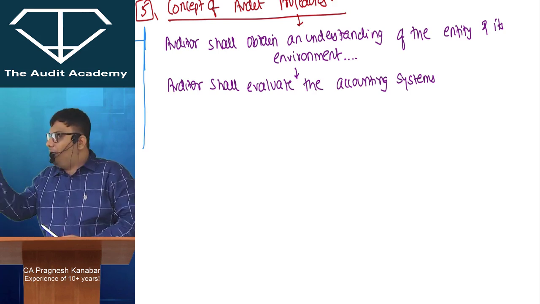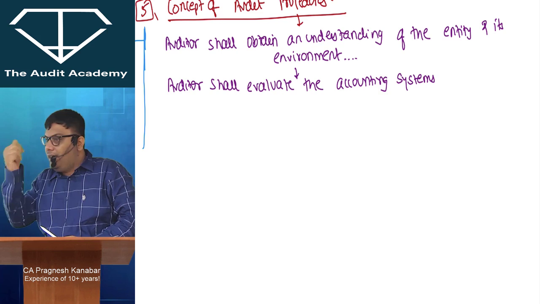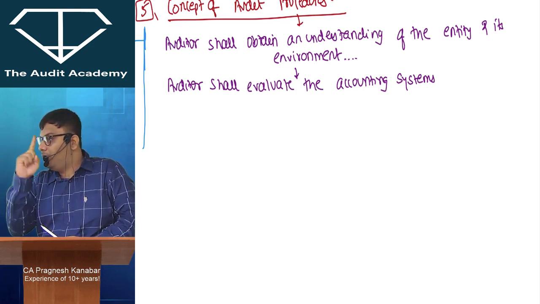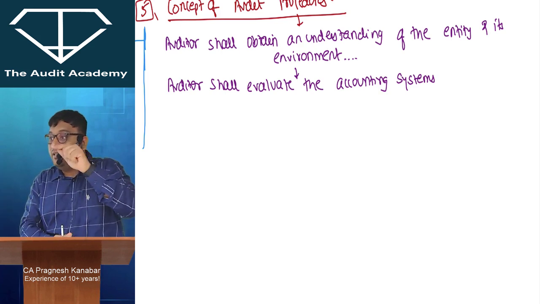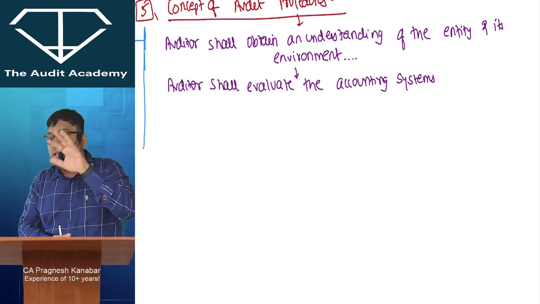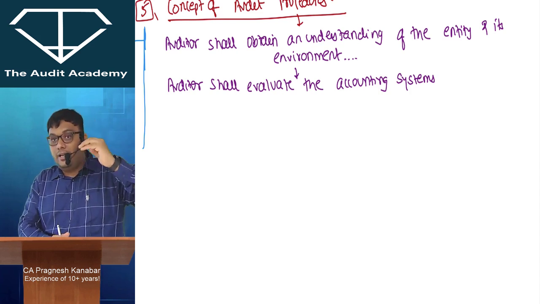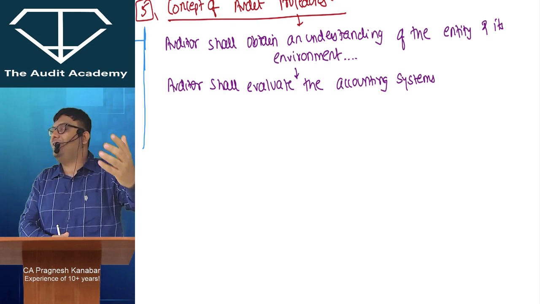So when you just use the word internal control, it means you are indicating to the examiner that you are worried about overall internal control. Stop using that word. Say relevant internal controls. Which controls? Relevant internal controls. Or even better, say internal controls related to the preparation of financial statements. Alright.